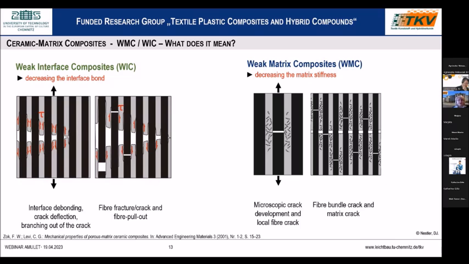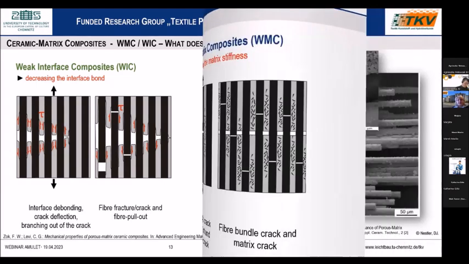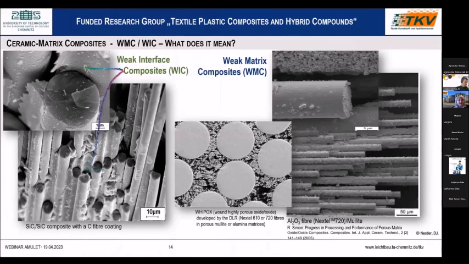And you see in these pictures which effects I have in these two models. Also here some SEM pictures. You see on the left-hand side the weak interface composite, and here you see the crack path in the interface of a SiC/SiC composite. We say this in the community.